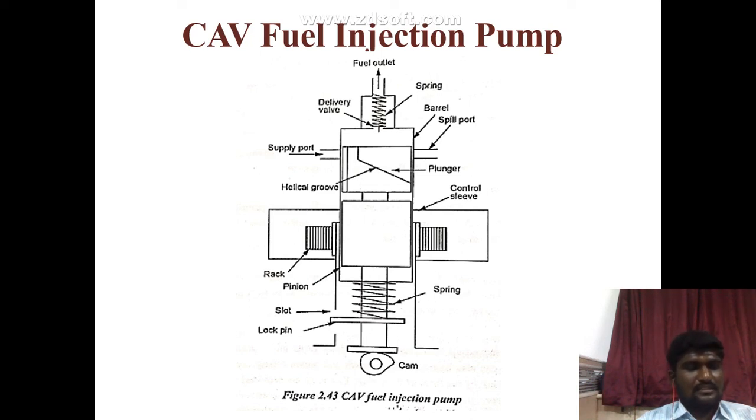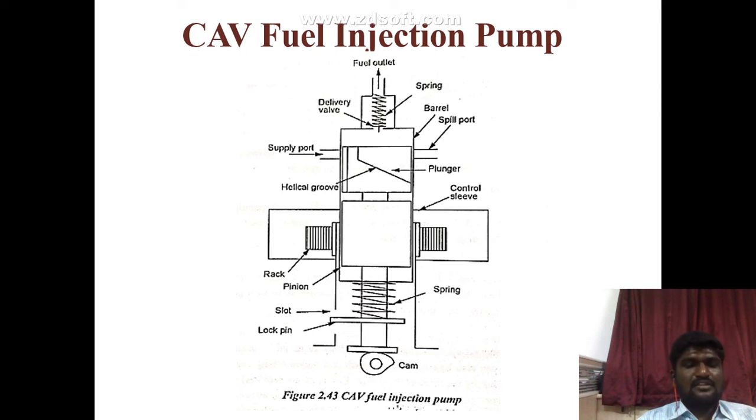When the top position of the plunger is connected to the spill port by the helical groove, the remaining fuel of the barrel comes out through the helical groove, so the fuel pressure falls in the barrel. Due to this, the delivery valve is brought back to its seat by the spring force. This cycle is repeated again and again, and the fuel flows into the atomizer.